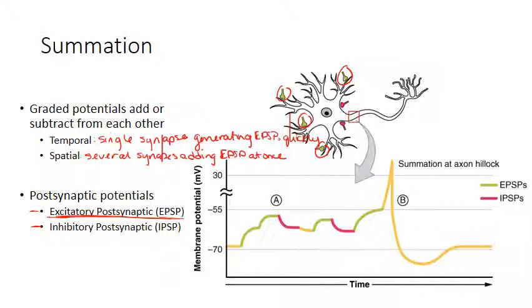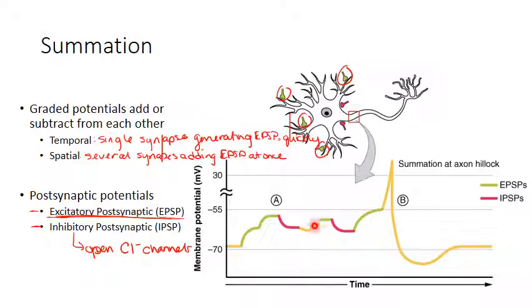The way that we hyperpolarize our cells most often is through opening of chloride channels. So we get an increase in the anions that move into a cell. That is going to bring our potential back down, or lower us into the negative area a little bit further. So we bump ourselves back down.